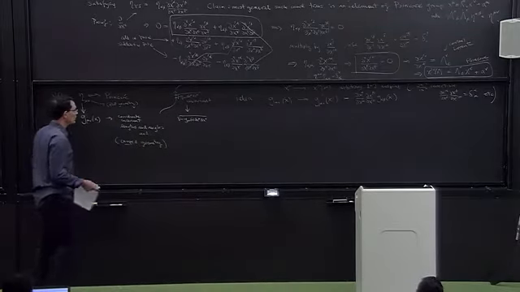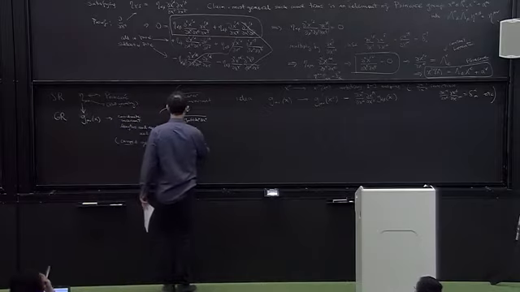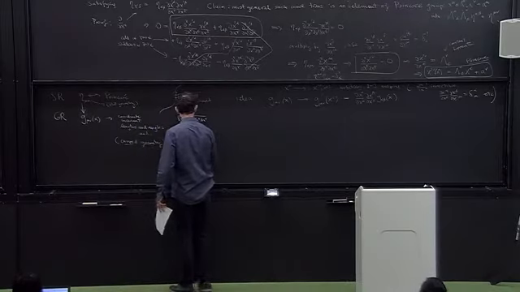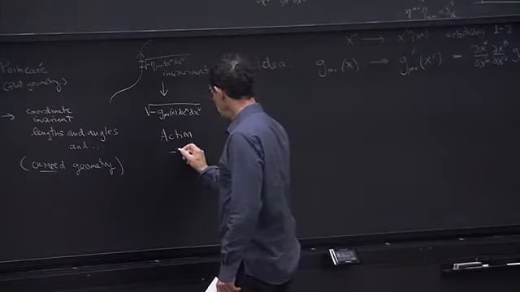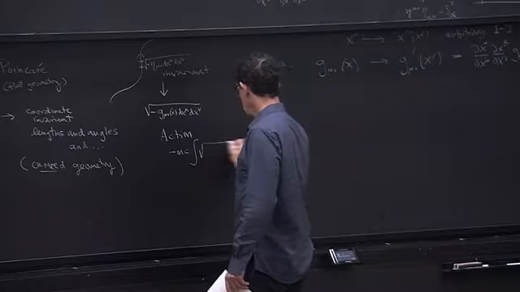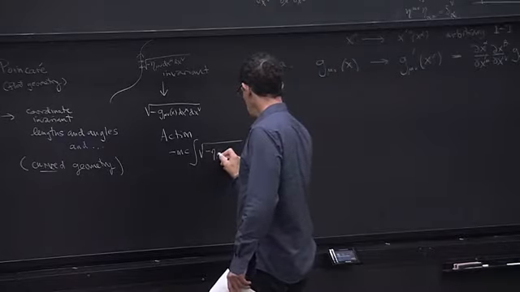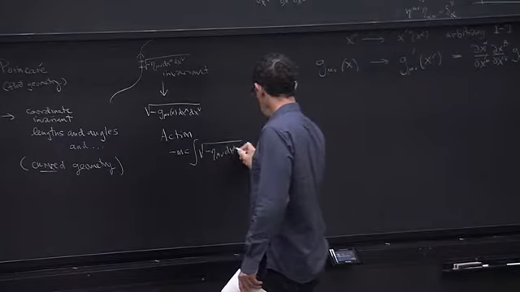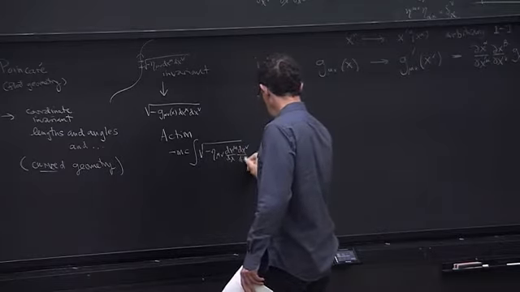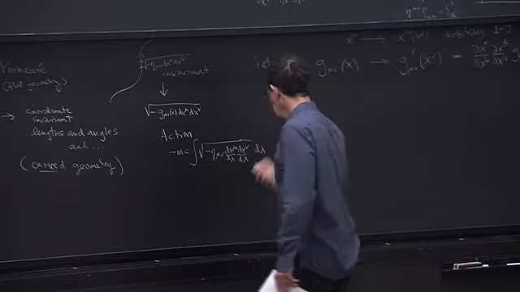And for example, you can see that the action for a relativistic particle, you'll remember from last week, we showed this action to be minus eta mu nu, dx mu d lambda, dx nu d lambda, integrated over lambda.